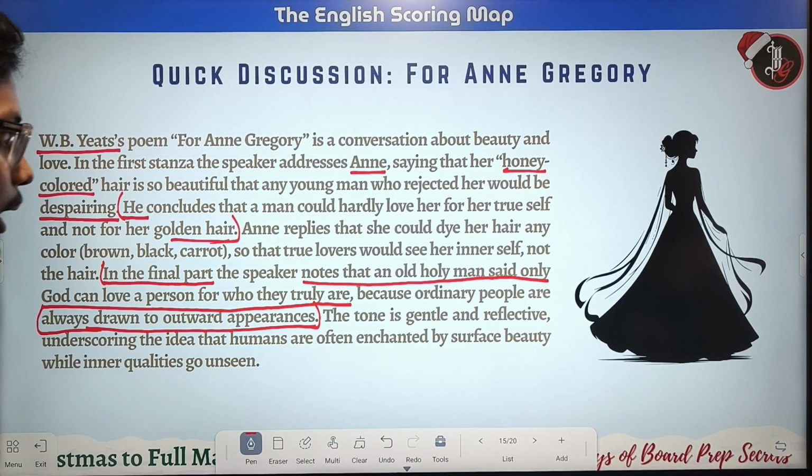The tone is gentle and reflective, underscoring the idea that humans are often enchanted by surface beauty while inner qualities go unseen.